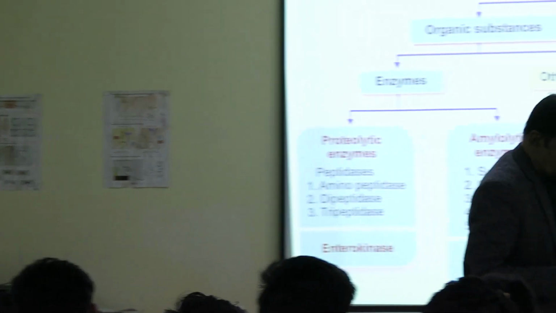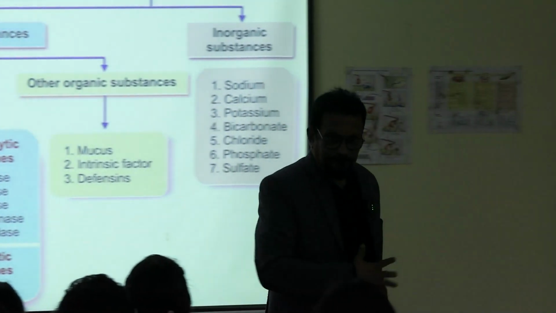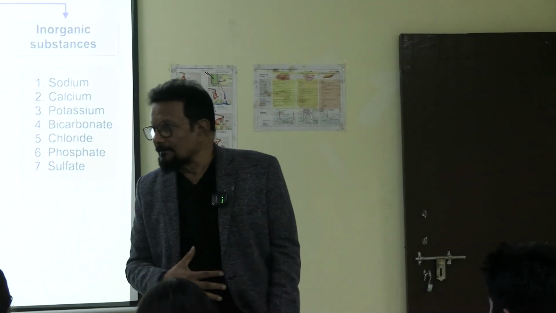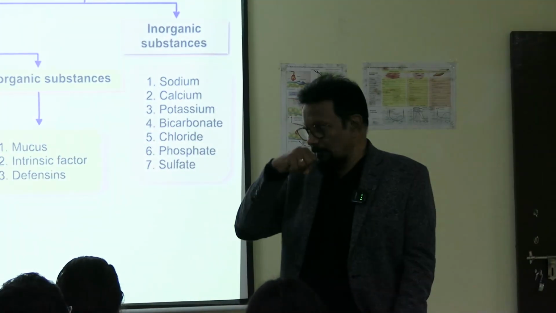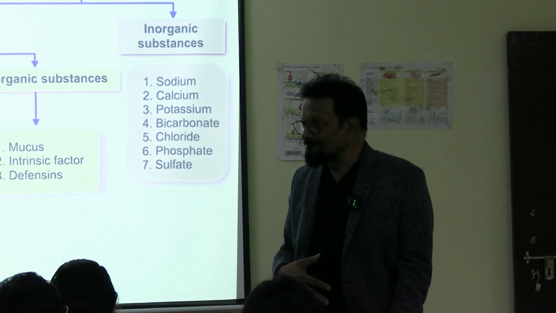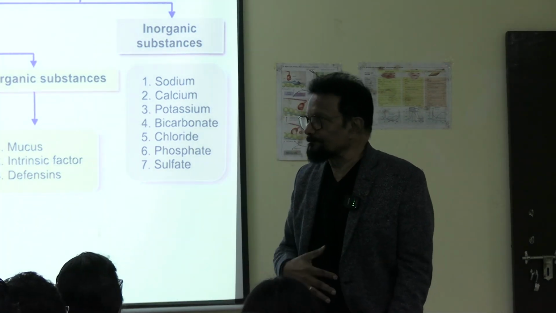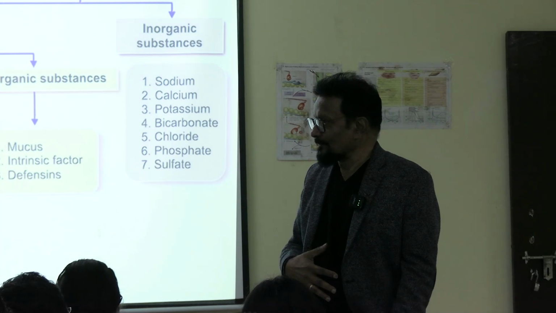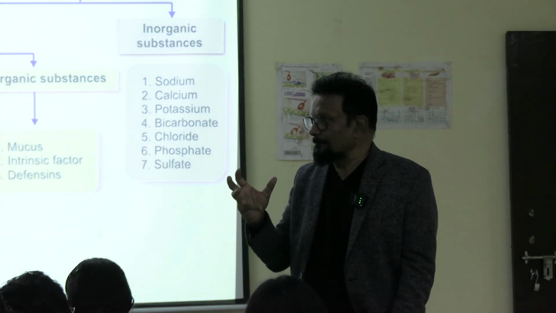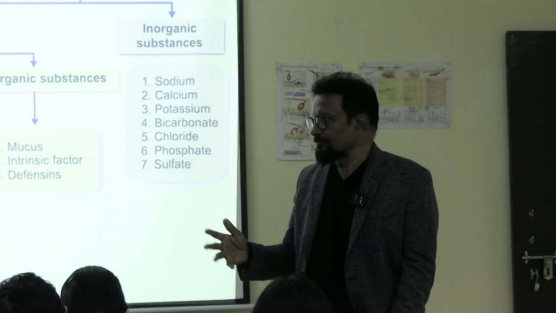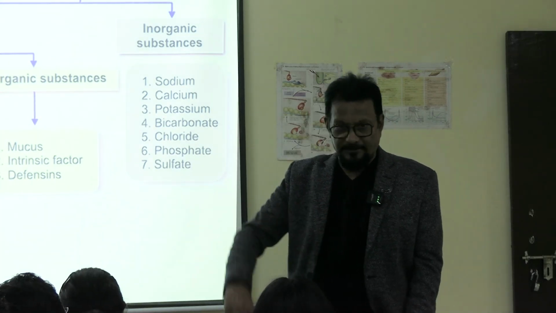So protein digestion will start where? In the stomach. You may drink milk, you may eat meat, fish, other proteins. So there, digestion of this protein starts in the stomach.